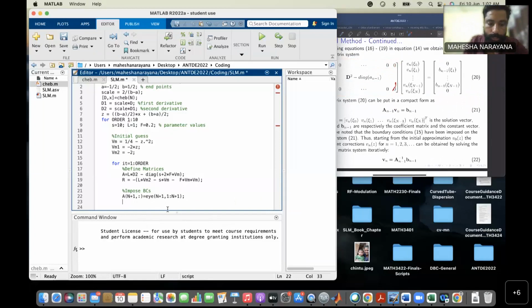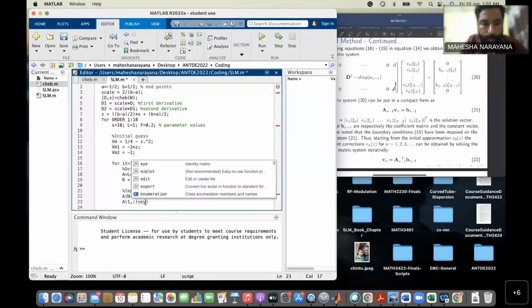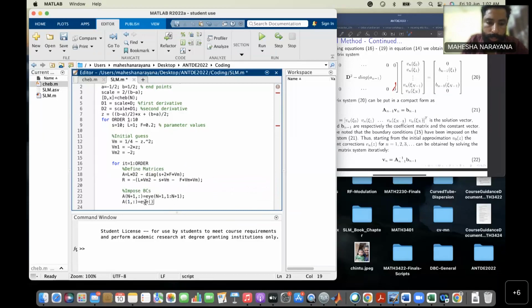That colon represents all columns. If colon appears in the second place, it represents all columns. You must be knowing some basics of MATLAB, or else you can just pick up using help easily. So this is going to be I of 1 comma 1 to n plus 1. All right, so this is done.